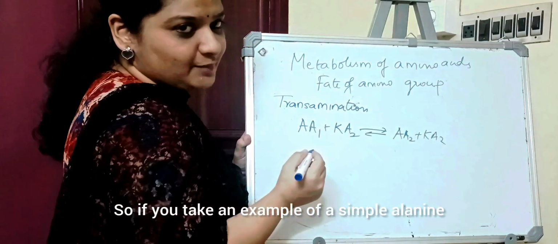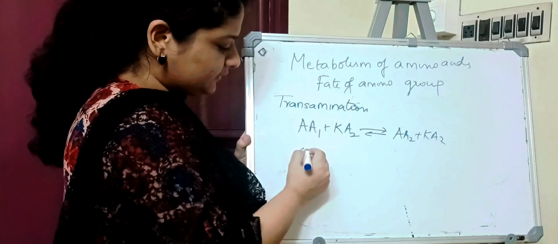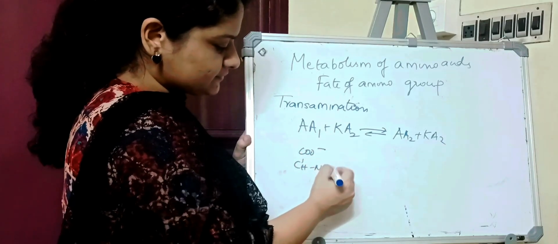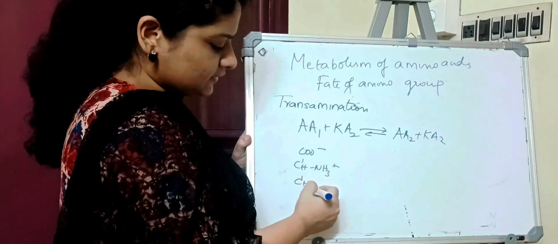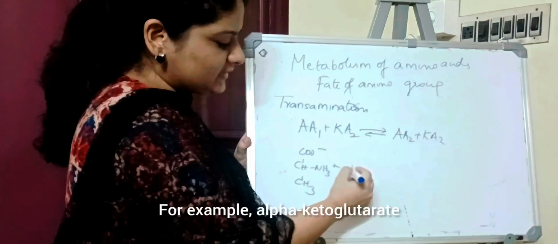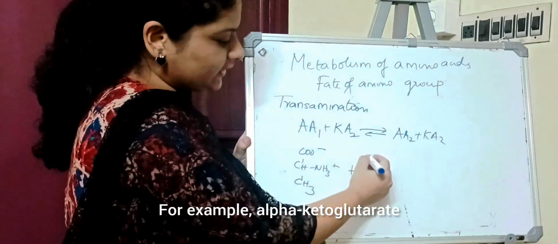If you take an example of a simple amino acid, alanine, this amino group is transferred to a keto acid, for example, alpha ketoglutarate.